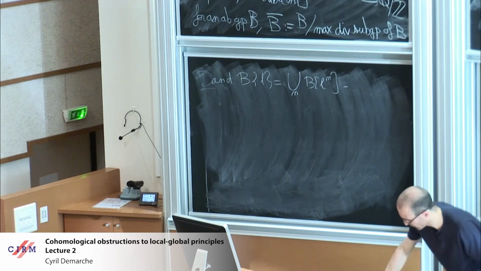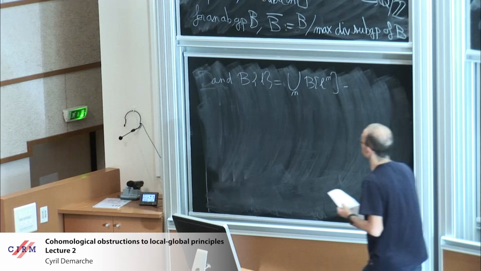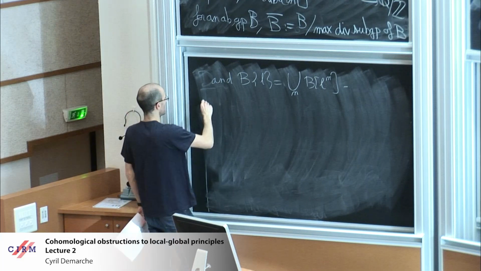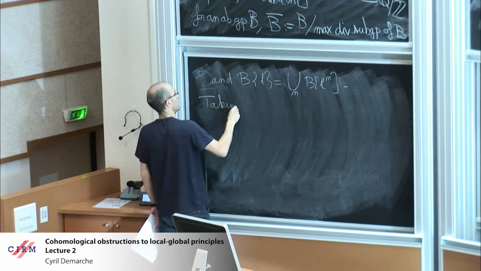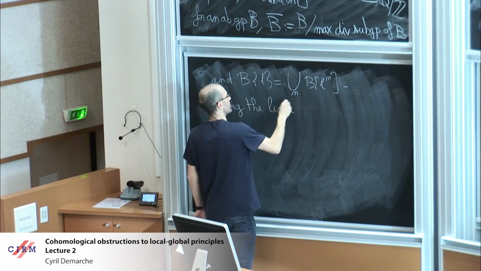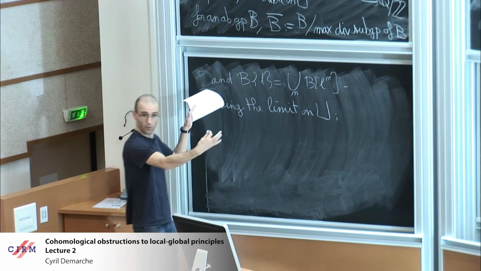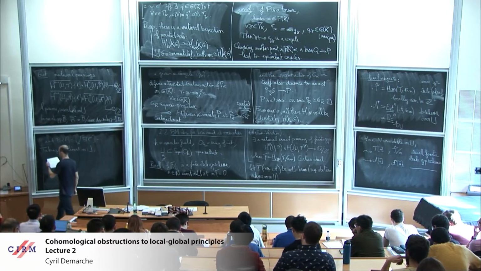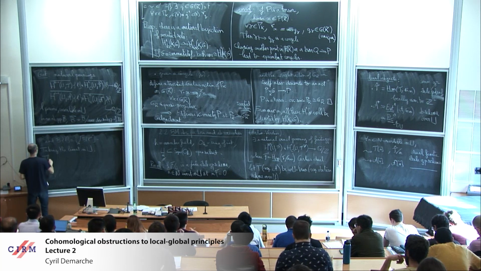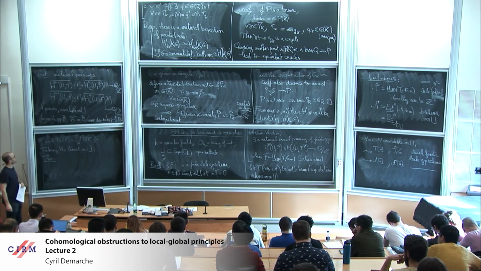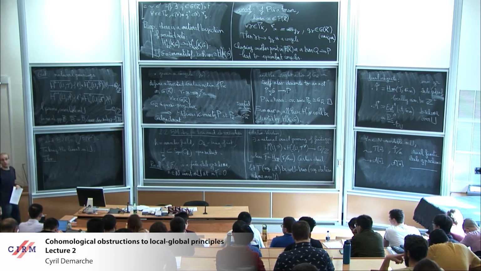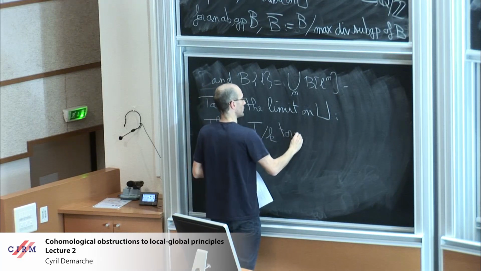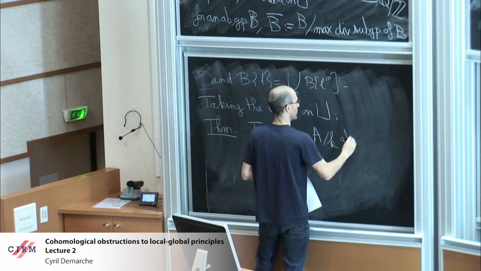So we can deduce, now pass to the limit on U. Taking the limit on U, so you get U smaller and smaller, you will get information about what happens over K. And you will get the following theorem, which is you have a Poitou-Tate exact sequence for T and A. So K is a number field, T over K is a torus, A over K is an abelian variety.